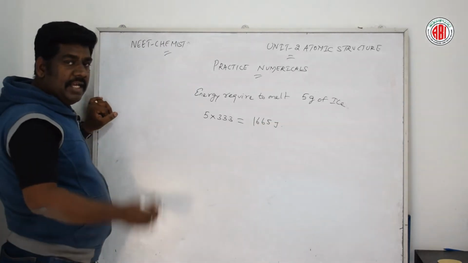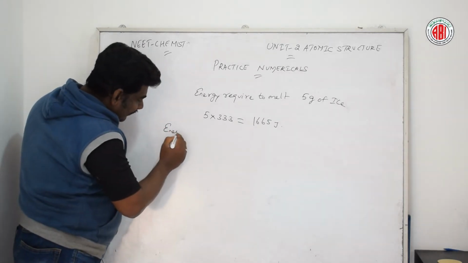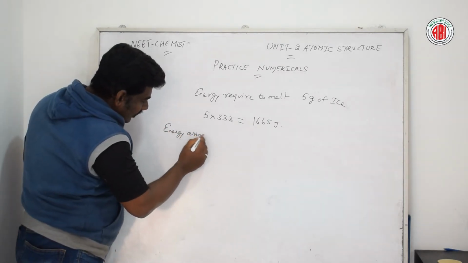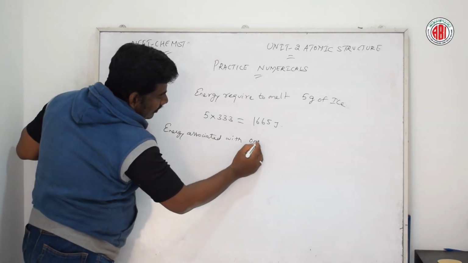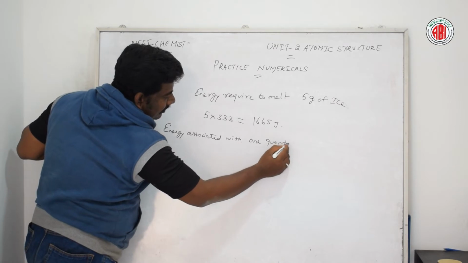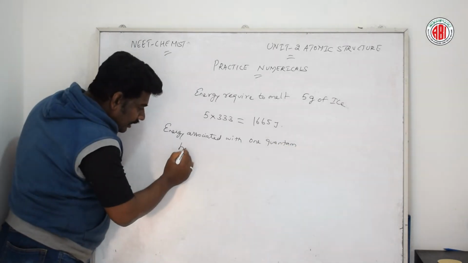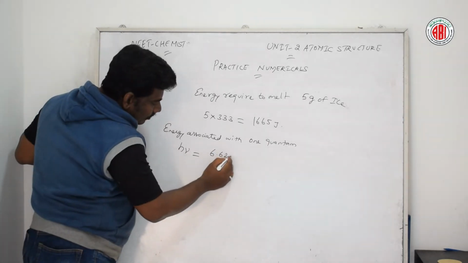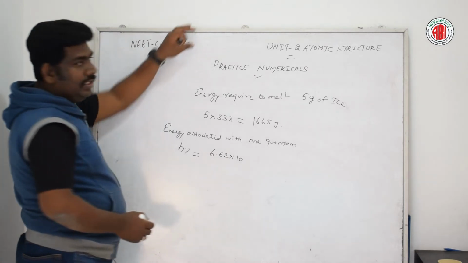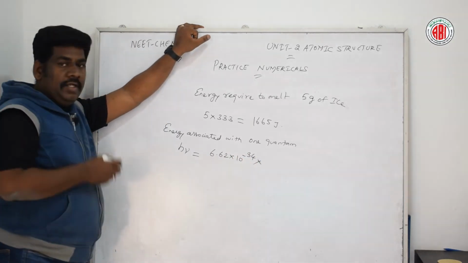Okay. Energy associated with one quantum. So energy associated with one quantum is nothing but h nu. h stands for Planck's constant, 6.62 into 10 to the power of minus 34, into nu value.